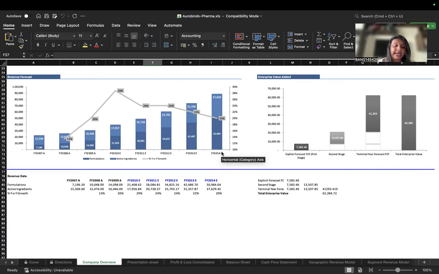So what is the grand conclusion? The model, through every single assumption, projection, and calculation, builds a coherent and compelling case. It portrays Aurobindo Pharma, a company on the cusp of a transformational growth phase driven by a strategic shift to formulations, robust revenue expansion, soaring profitability, strong cash generation, and a responsible financial structure.